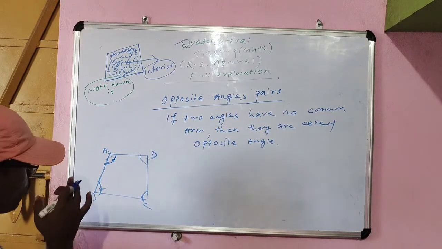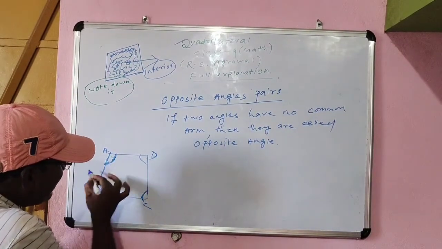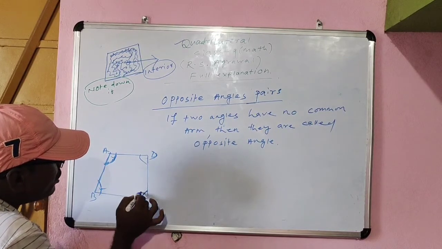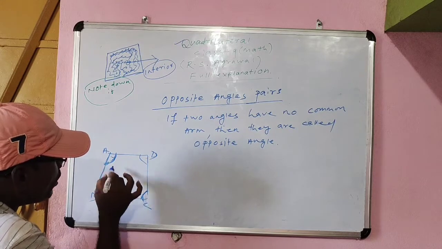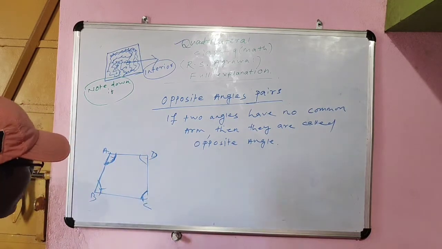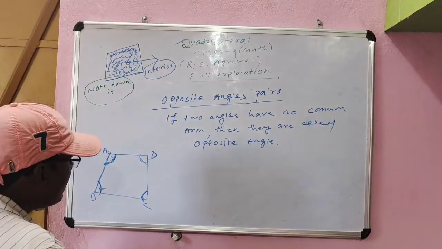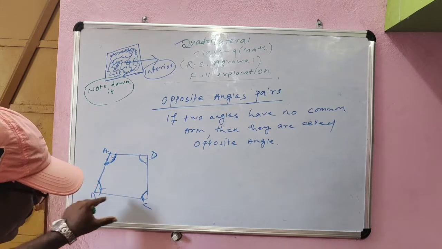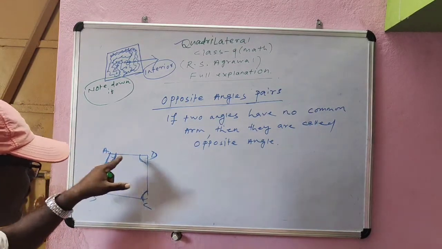So if you take angle A and angle C, these two angles are opposite. Why? Because they have no common arm. Similarly, if you take angle B and angle D, angle B has two arms, AB line segment and BC line segment. Angle D has two arms, AD line segment and DC line segment.